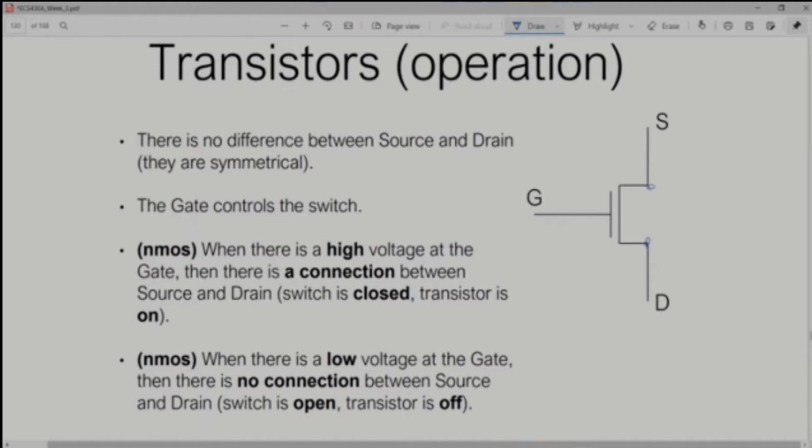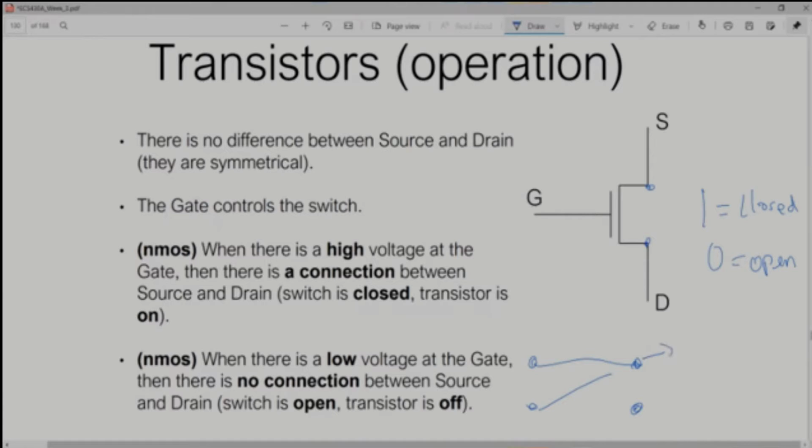So over here, this is what we call a switch, right? You know that from physics. This is a closed switch. This is an open switch. So 1 corresponds to open, and 0 corresponds, sorry, I'm saying that the wrong way. I'm thinking of PMOS. Closed switch, and this is an open switch.